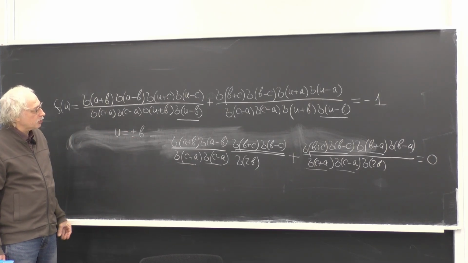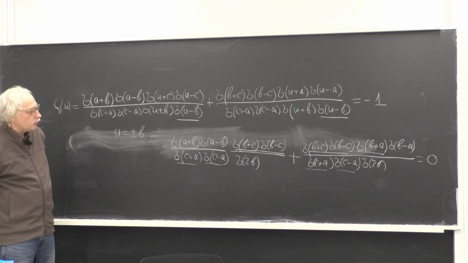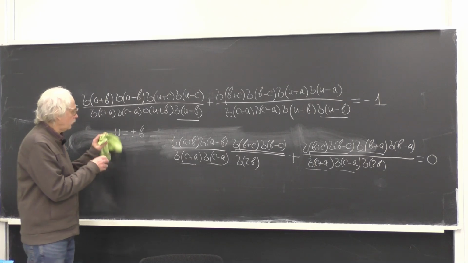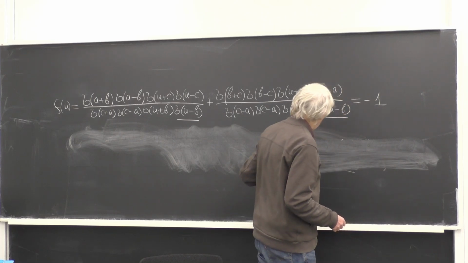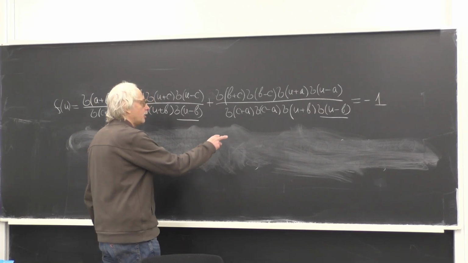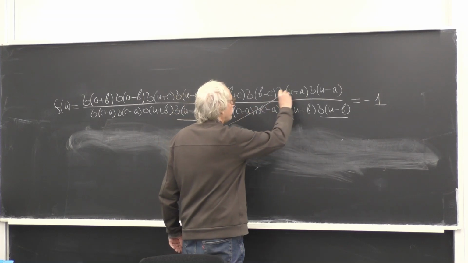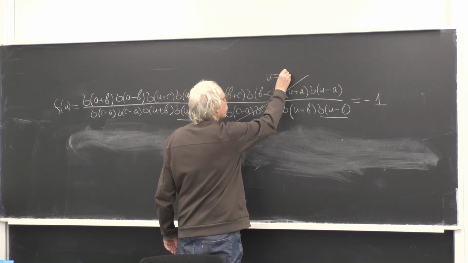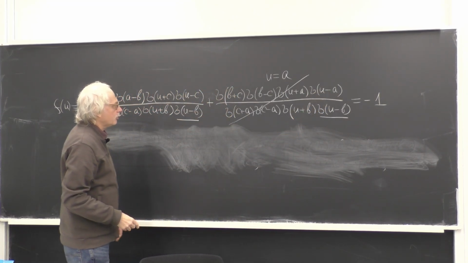So we conclude that this is a regular elliptic function. Therefore, it is a constant. To find the constant, we can substitute some particular value of u, for example, such that the second term becomes 0 when u equals a. Then this vanishes and the whole term vanishes.